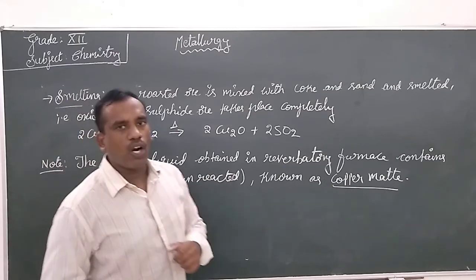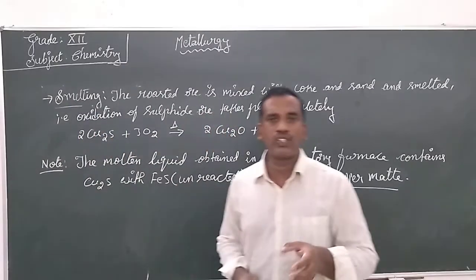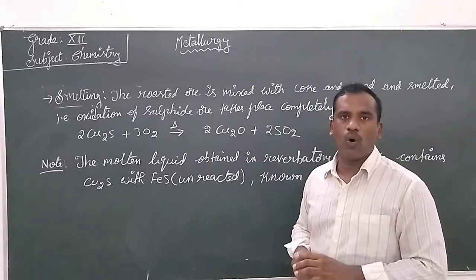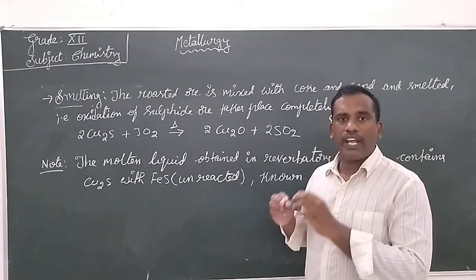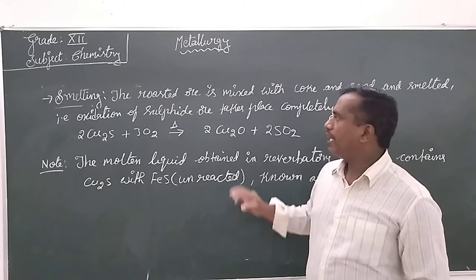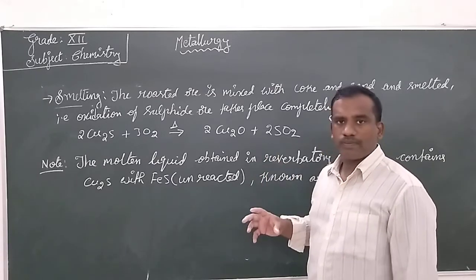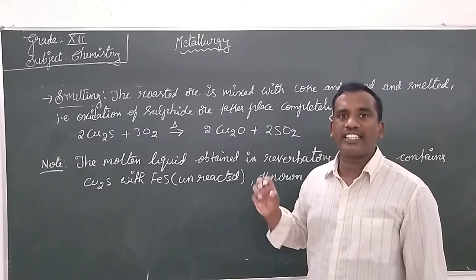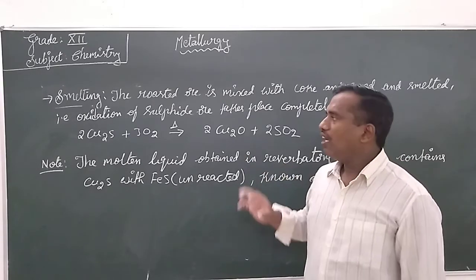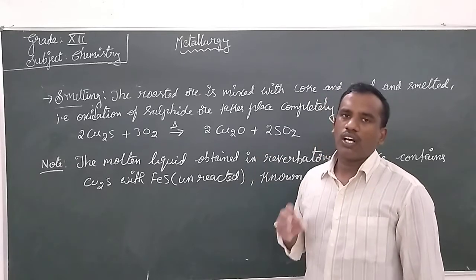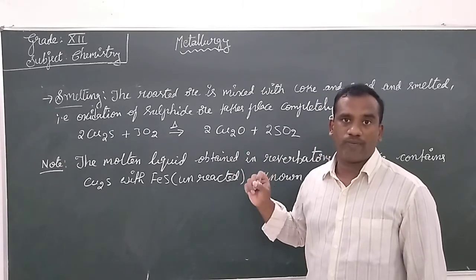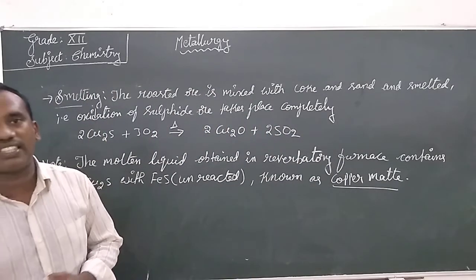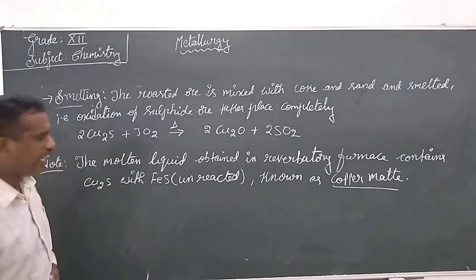In this so-called extraction of crude metal from the concentrated ore, especially when we are dealing with the copper ore, there will be some unreacted FeS present in the reaction. Some of us will have a doubt. The copper pyrite is there, that is CuFeS2, in which we have FeS. What will happen to the FeS?